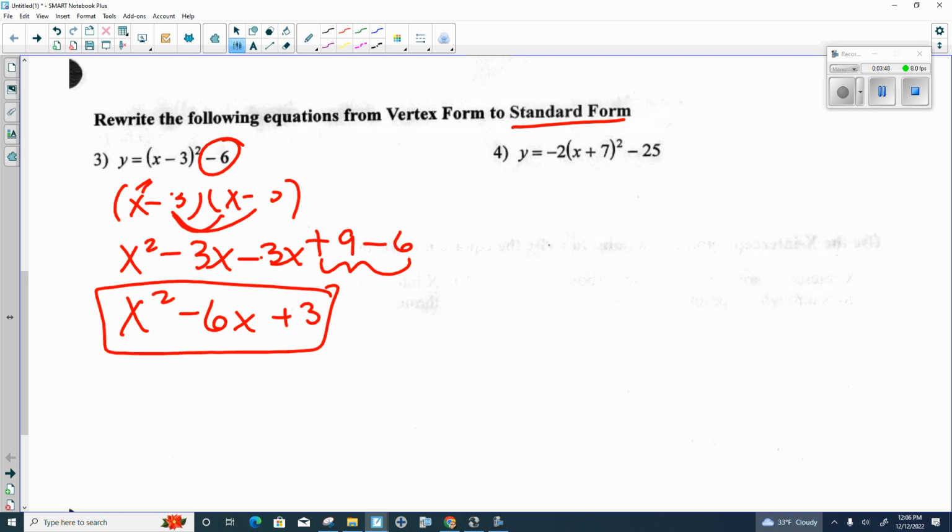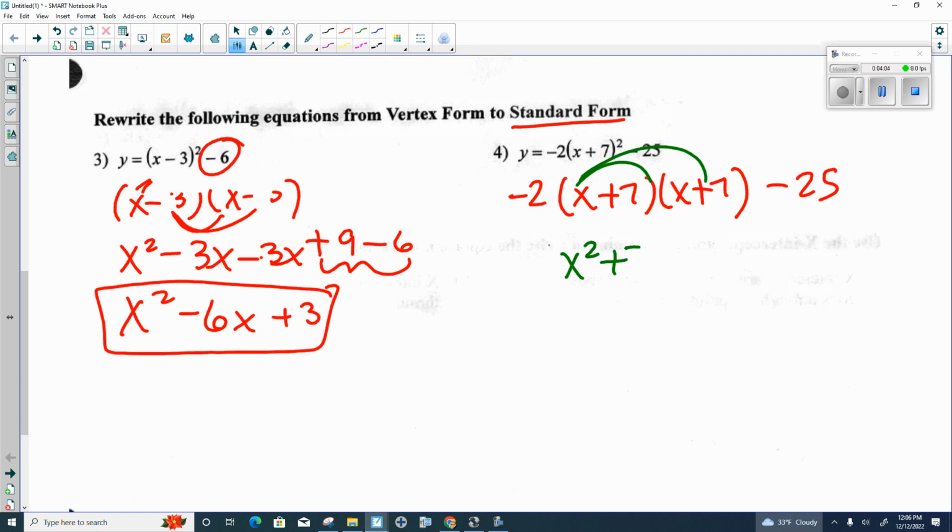Okay, number 4 has an extra step. I do need to FOIL. And then after I FOIL, I distribute that -2. So first, outside, inside, last. I would combine like terms here.